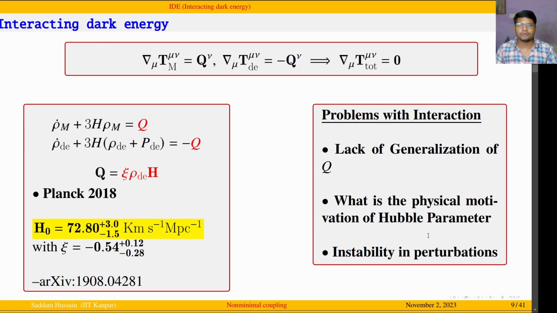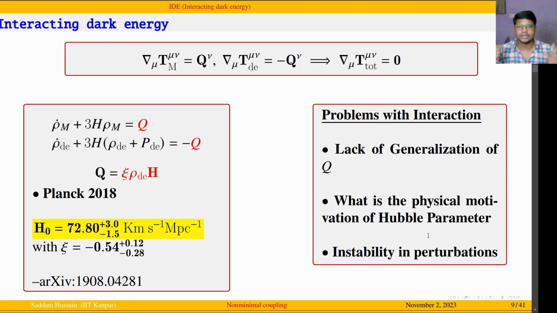So for example, what we can do is somehow propagate the energy from dark energy to dark matter, or dark matter to dark energy. The very simplest thing is the modification of the energy momentum tensor in such a way that we add one term over here, and for dark energy we subtract it over here. So in total, our total energy momentum tensor is actually conserved.